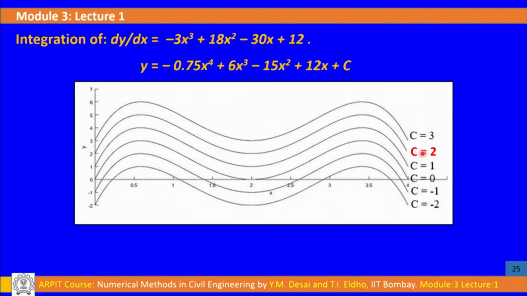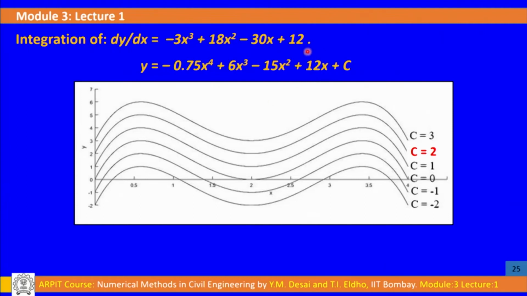So, c equal to 2 was the initial equation we started with, but now the beauty is if you have solved this first order differential equation, not only for c equal to 2, now you get the solution for all different values of constant parameter c. Okay. So, this is the beauty and power of differential equations.